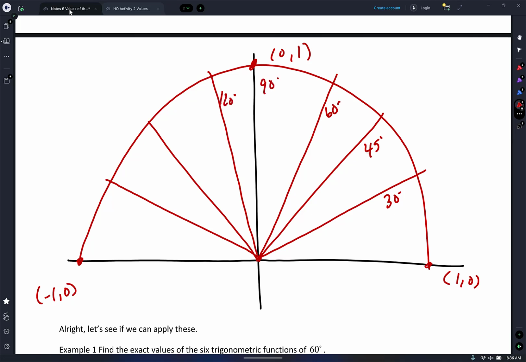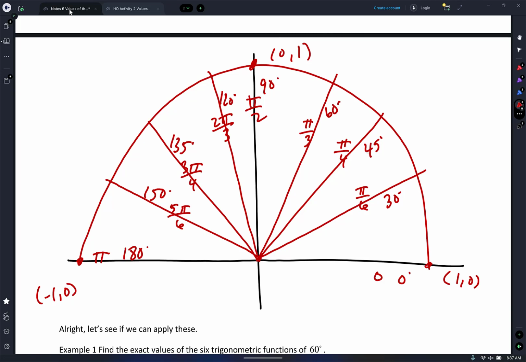This one should be 120, 135, 150, and then 180. That's in degrees, right? And then 0 degrees here. Now what about radians? 0 radians, pi over 6, pi over 4, pi over 3, pi over 2, 2 pi over 3, 3 pi over 4, 5 pi over 6, and pi.